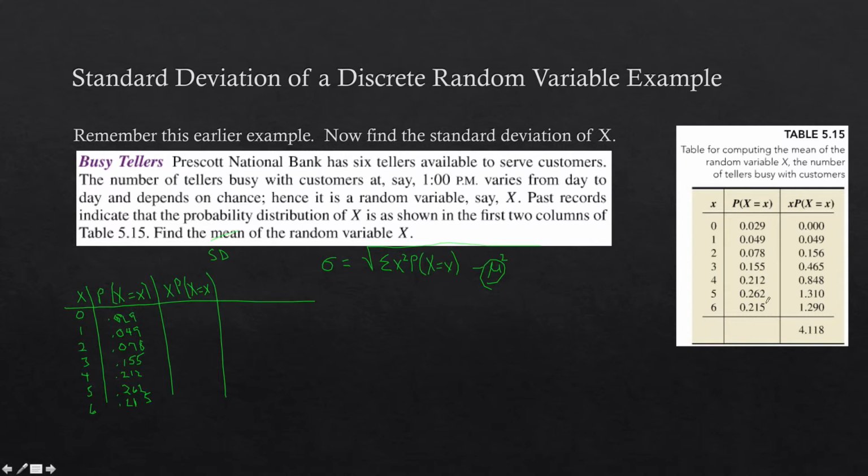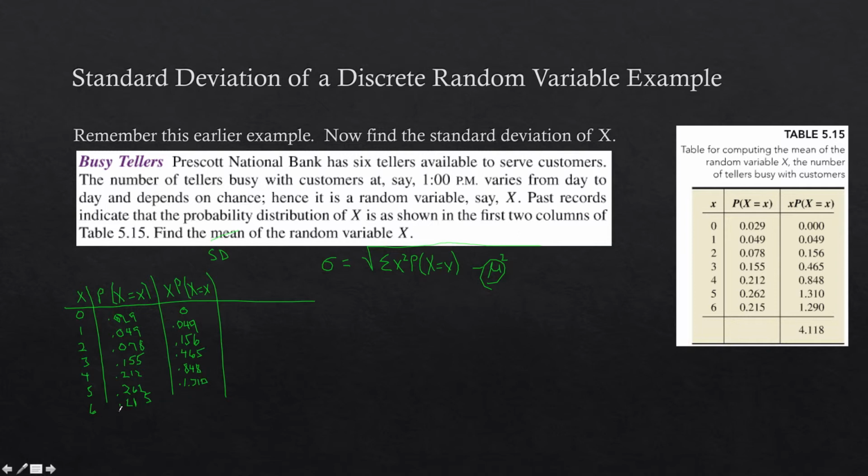I know it's already given over here for us, but remember how we find this. 0 times 0.029 gives us 0. 1 times 0.049 is 0.049. 2 times 0.078 is 0.156. 3 times 0.155 is 0.465. 4 times 0.212 is 0.848. 5 times 0.262 is 1.310.